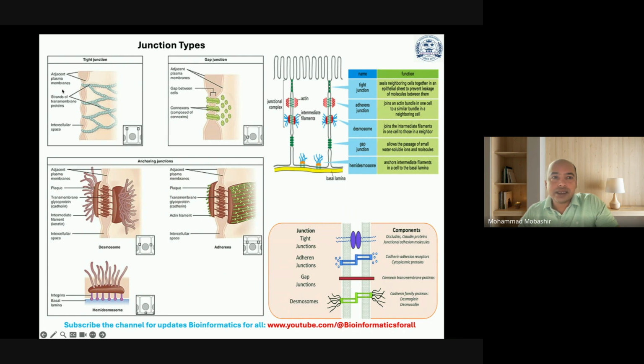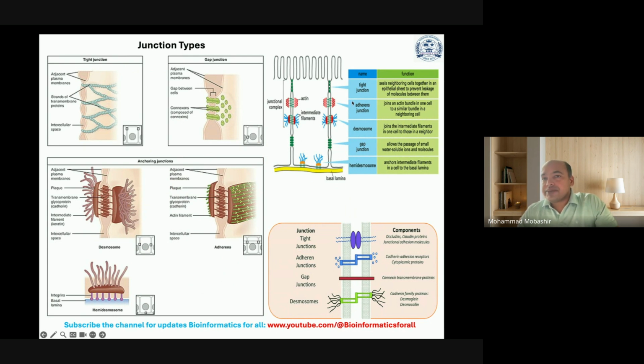And for tight junction, here you can see adjacent plasma membranes, intercellular space, then strands of transmembrane protein. Then it comes to anchoring junctions, adjacent plasma membranes, like this one. Similarly, you can see different structures. And there are some differences between the compositions of the junctions also. So what you need to know is the components and their functions, the junction functions.